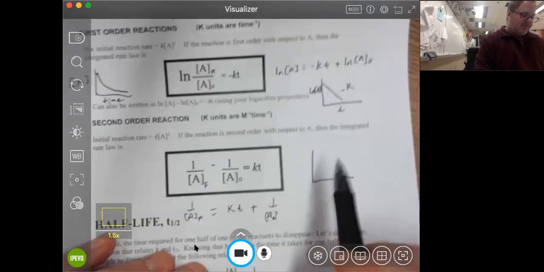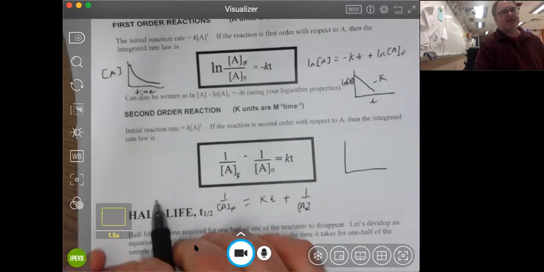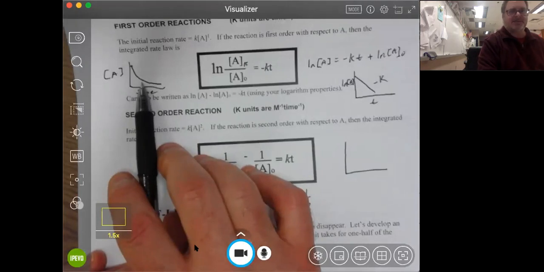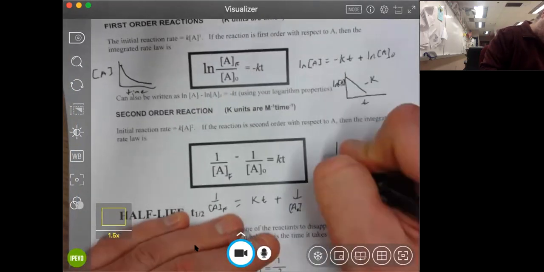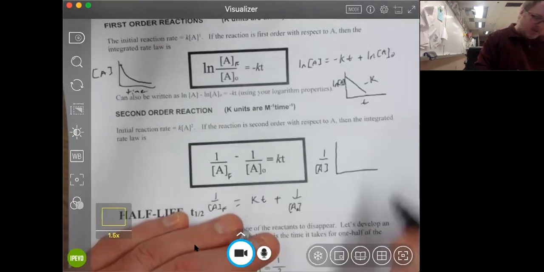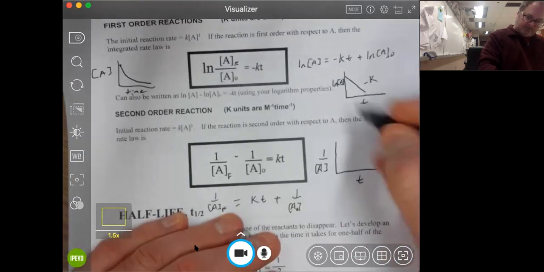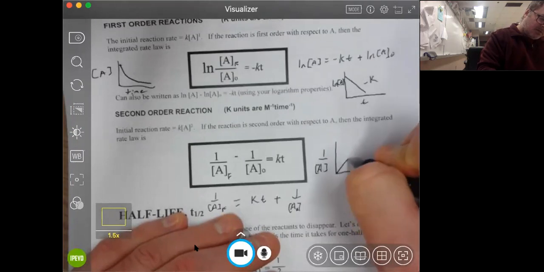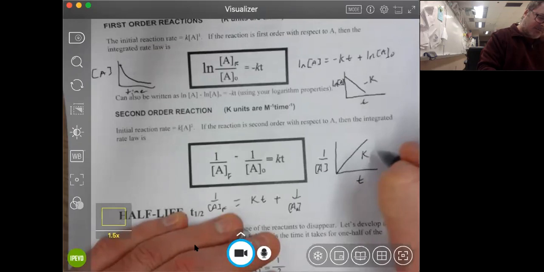So this time, if we were to take the concentration of A at a time, we would get something similar to that. But if we take the inverse of the concentration of A to time, this is the only one that has a positive slope. So K is positive, and remember that equals the slope.